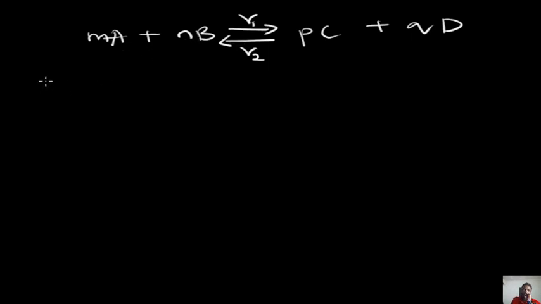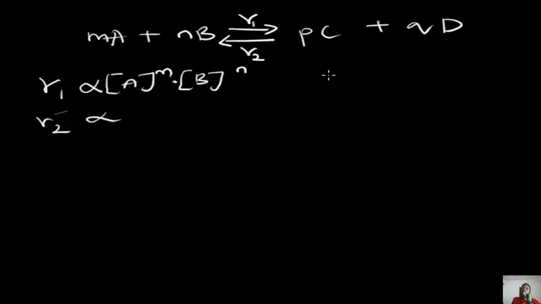So for R1, it has to be proportional to the active masses of A and B. So let's put that the active mass of A is the concentration of A raised to power m, multiplied by the active mass of B, which is the concentration of B raised to power n. But for the backward reaction, R2, you will notice that the reactants will be C and D. Hence, we can now say the concentration of C raised to power p multiplied by the concentration of D raised to power q. And that's basically the law of mass action.